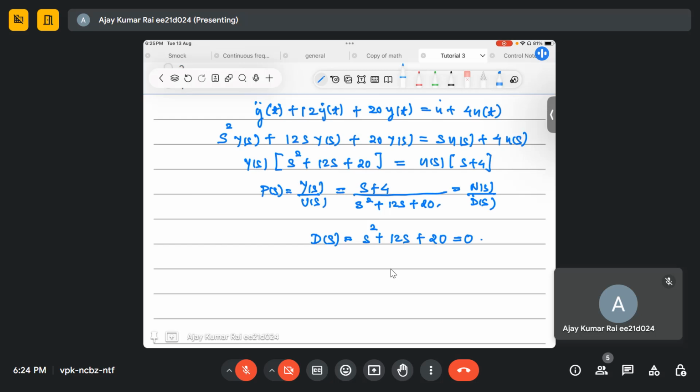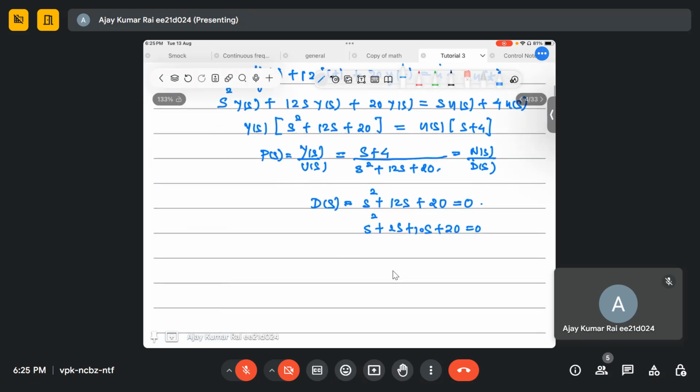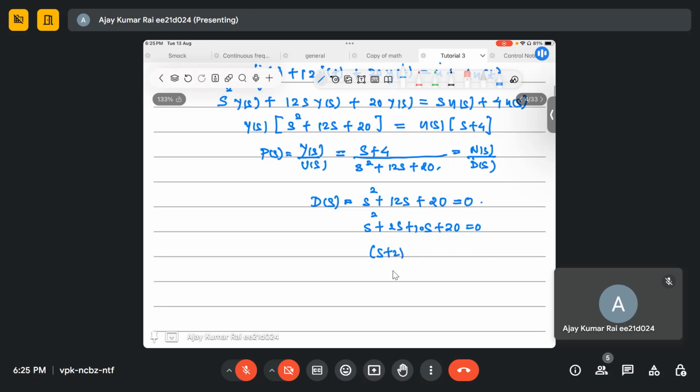Can you tell me the poles? Can I write this as (s plus 2)(s plus 10) equal to 0?